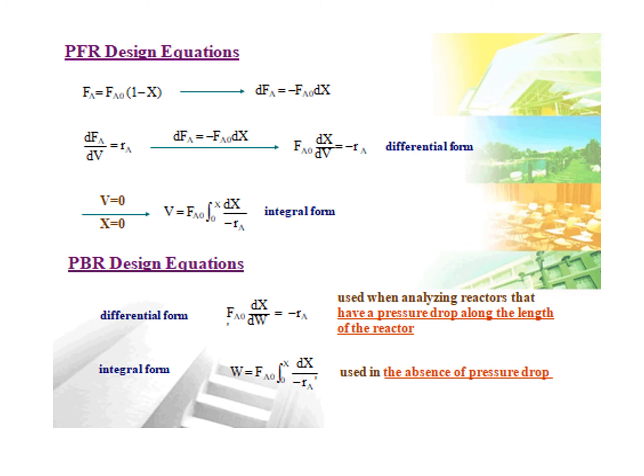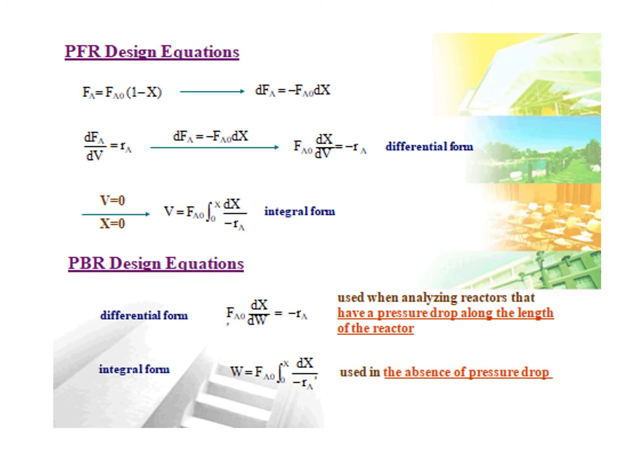In differential form, when we put the value of FA, we find FA0 dX upon dV, the change of conversion X with volume, is equal to minus RA, at the limit of volume V equal to 0 and X equal to 0.